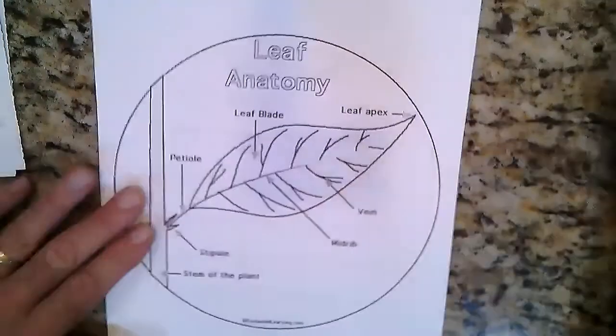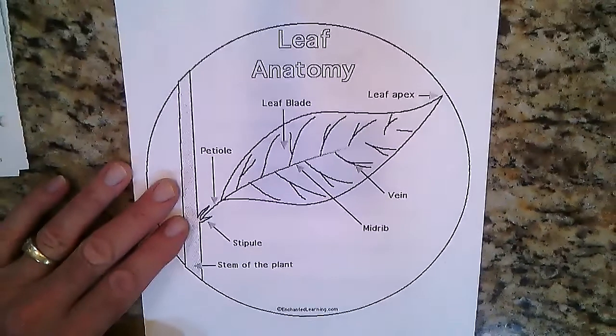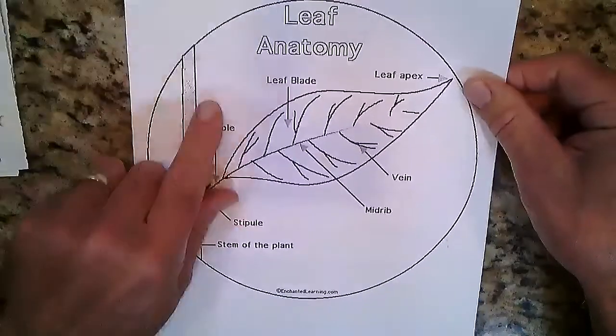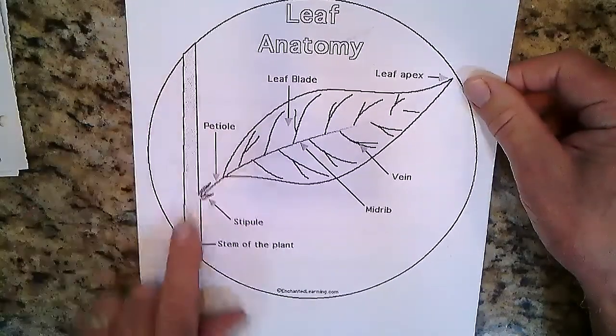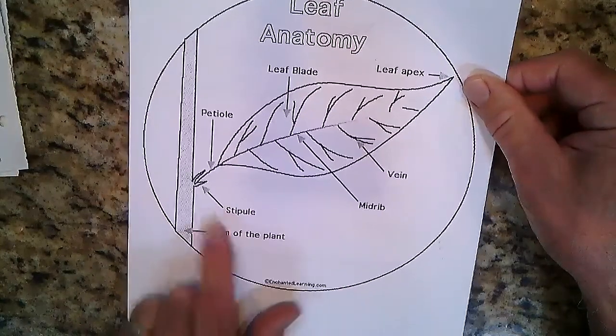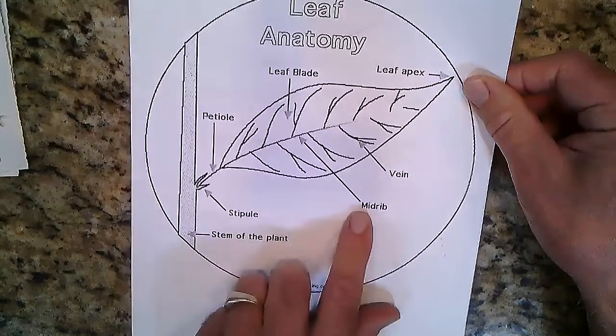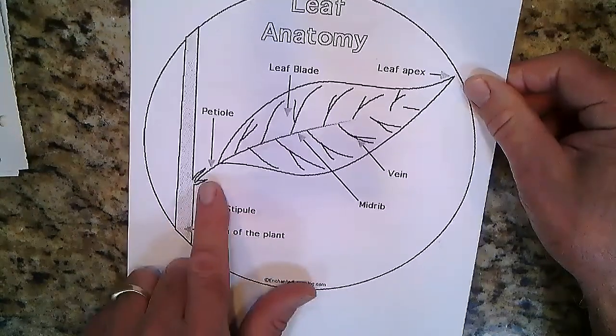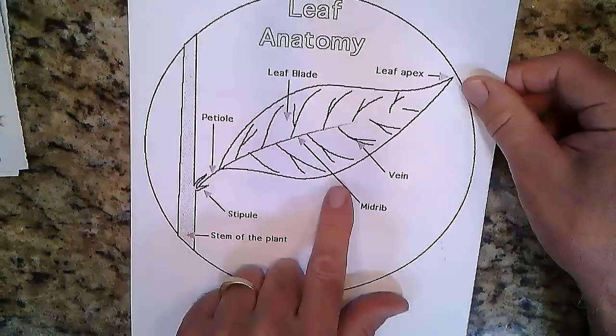And then for your extension, if you want to do a little extended learning, I have a leaf booklet here. This first page is leaf anatomy. It tells the different parts of the leaf, and you can color this leaf nice and green and try to think of some of these parts that are on here. You might even explore on the internet the complete definition of what some of these things are.